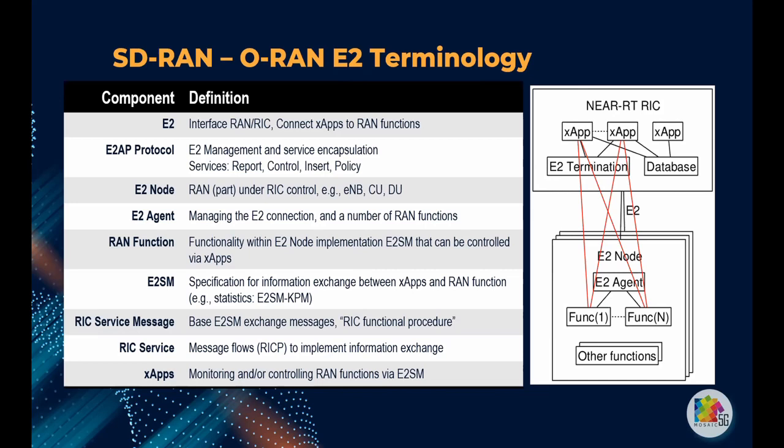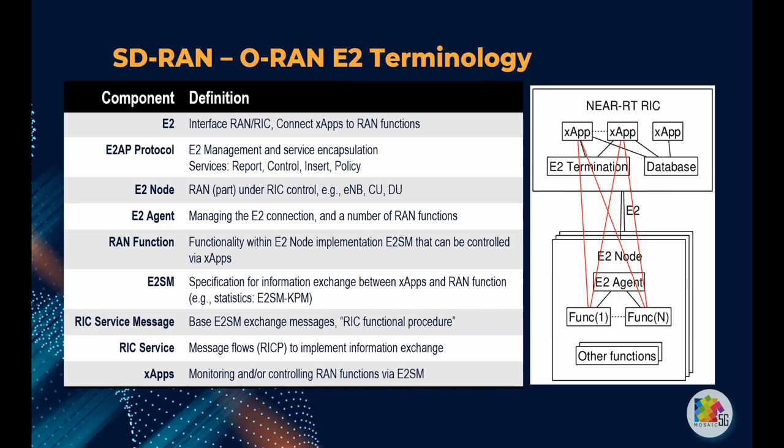The E2 agent is this entity that is actually managing the E2 connection, E2AP. The RAN function is the functionality that you want to control via the xApp, and they are encapsulated through E2SM, the E2 service model.